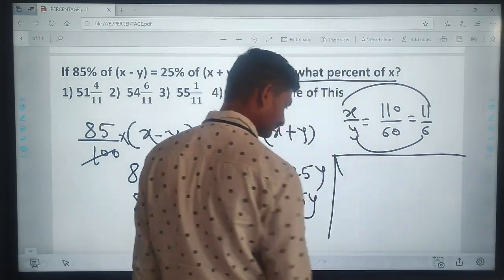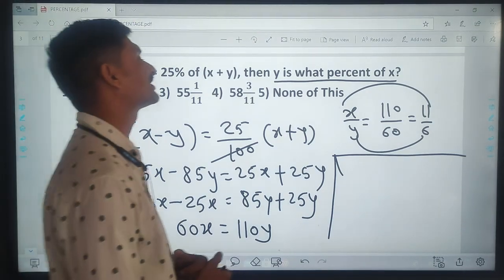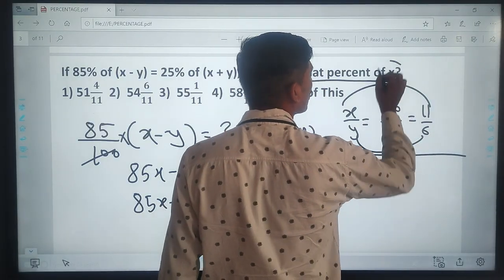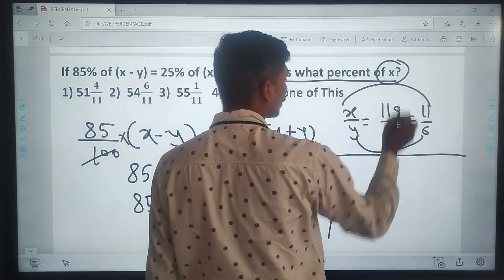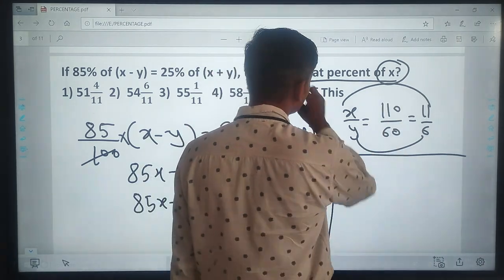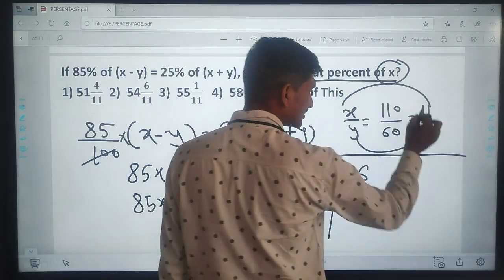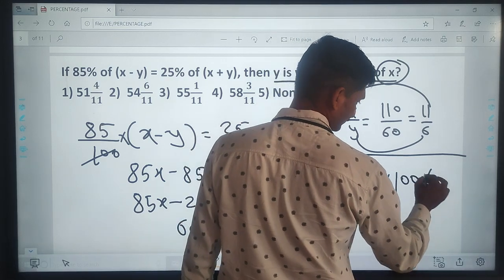Now find y is what percent of x? Here x becomes the denominator, y becomes the numerator. Here y is 6, x is 11, into 100%.